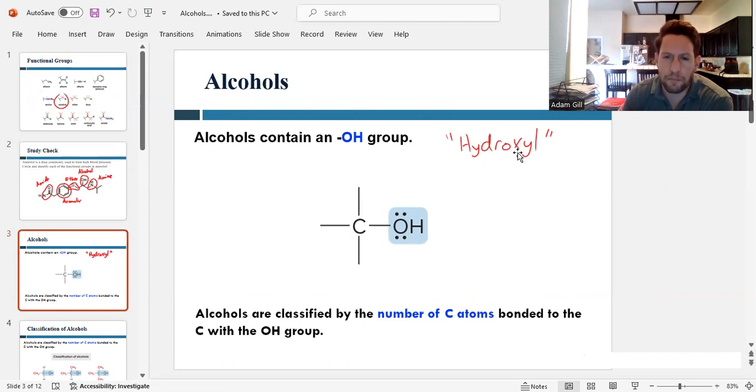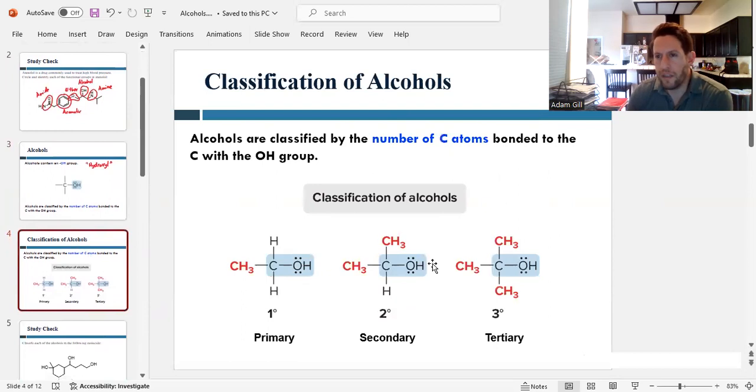It means the same thing. And we can classify alcohols based on the number of carbons connected to the carbon where the alcohol is attached. And so we can look at a carbon that has an alcohol attached here, highlighted in blue.